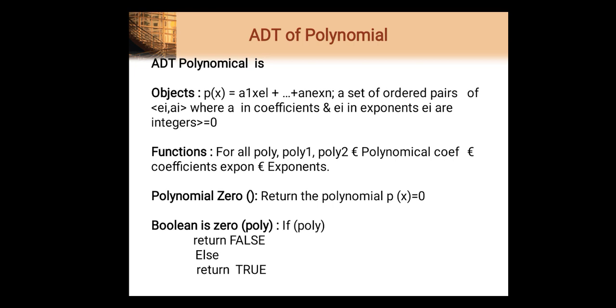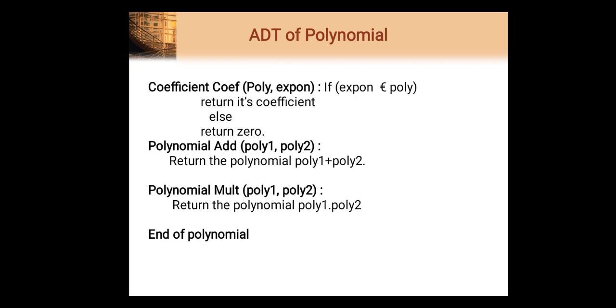So which are the different functions you can perform on the polynomial? You can perform polynomial zero, that is, you can check whether your polynomial is 0, and if yes it will return the value 0. This is a boolean function which gives you either a true or false value. Then you can perform the next function, returning the coefficient value of your polynomial.